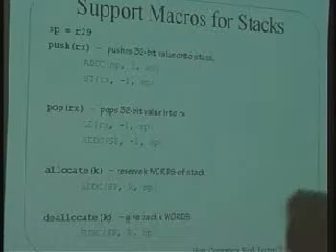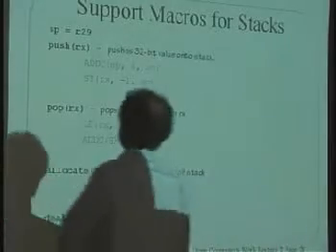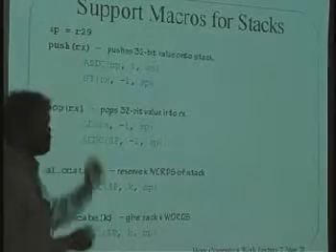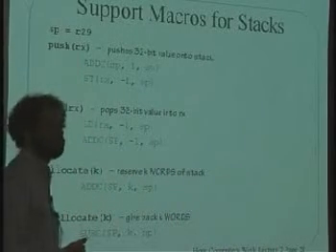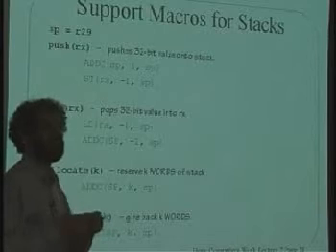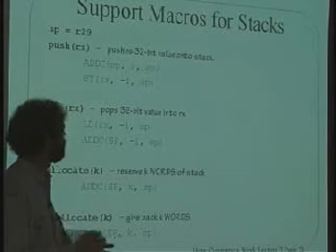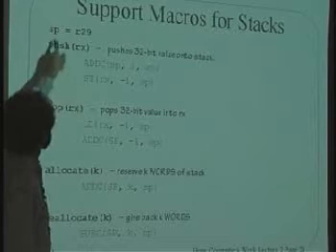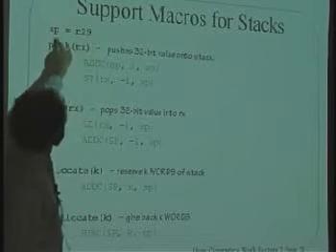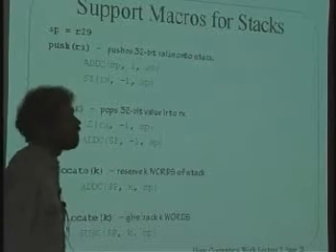There are macros for pushing things and popping things off the stack. First of all, just as R28 is going to be this linkage pointer called LP, and whenever we jump to a subroutine, we'll remember where we came from in LP, which is the same as R28, we're going to reserve R29 for the stack pointer, SP.